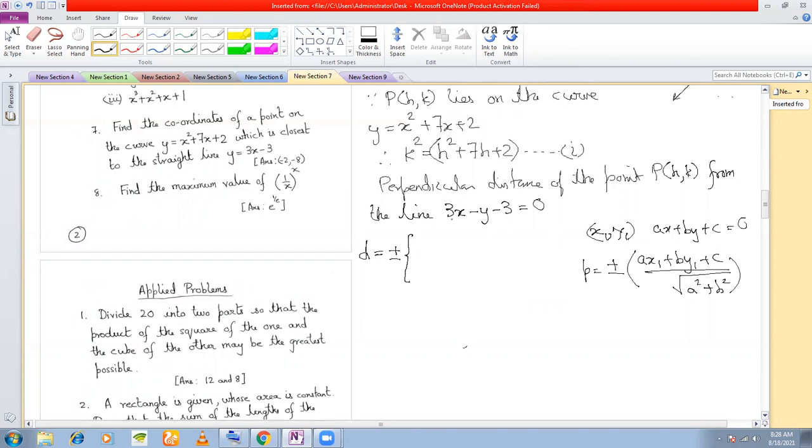What is a here? A here is the coefficient of x, which is 3. x1 here is h, plus b here is minus 1 and y here is k and c here is minus 3, divided by root over of 3 square plus minus 1 square. This is the perpendicular distance of the point.